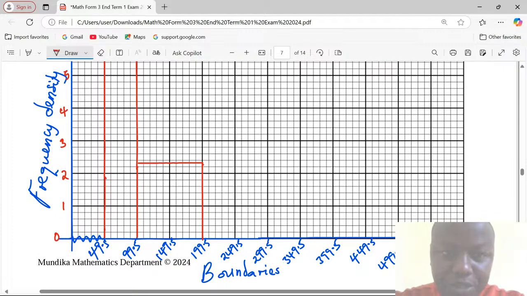A height of 3.2. So 3.2 is at this point.